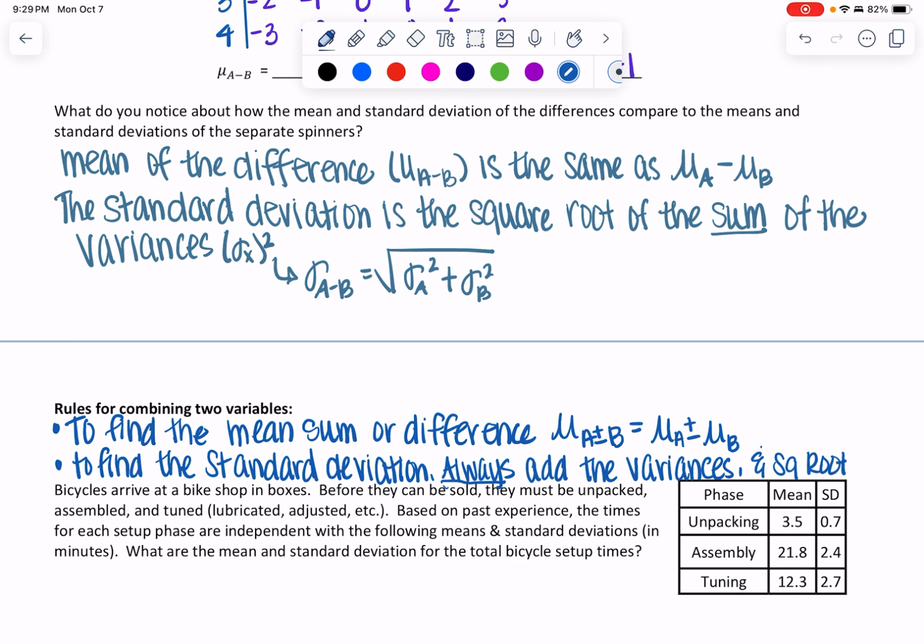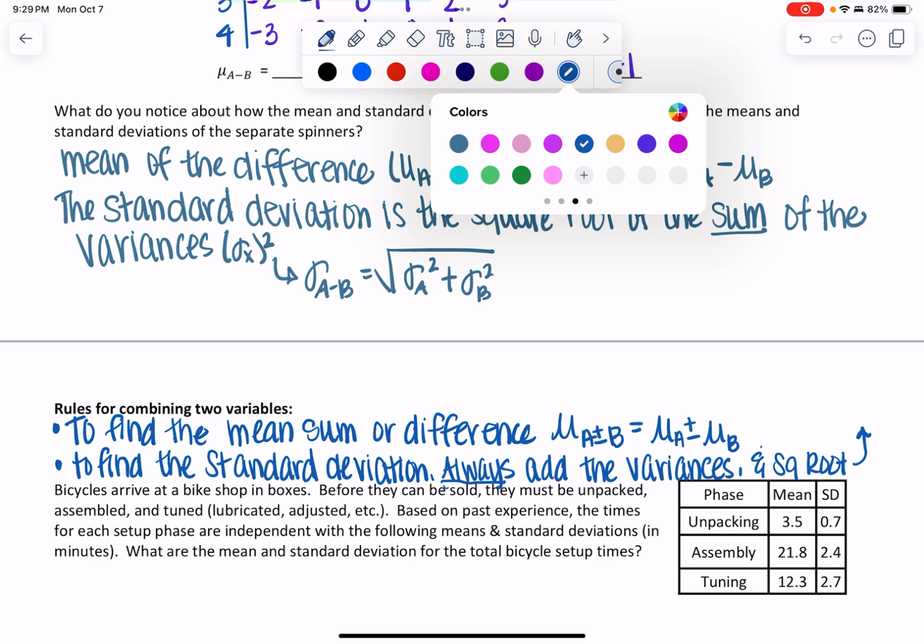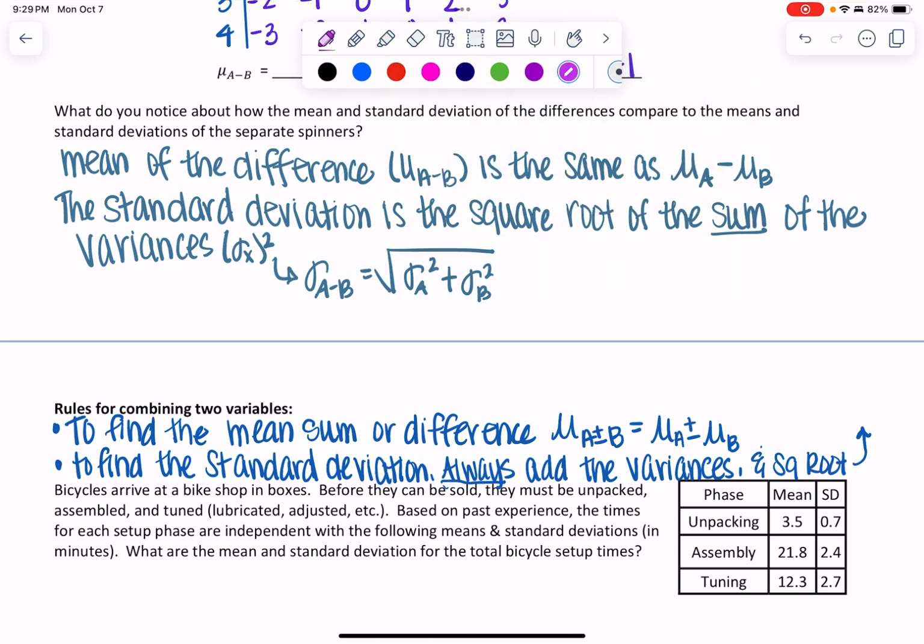And I'm going to put my equation up above here. And let's actually change colors on both of these, so they stand out a little bit because it's hard to see them.